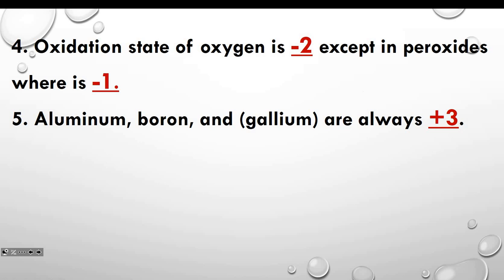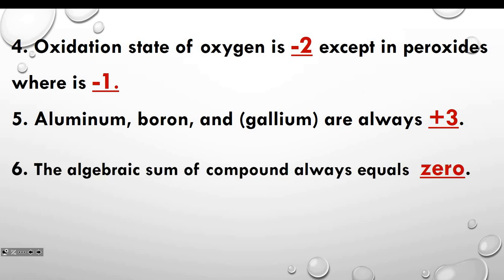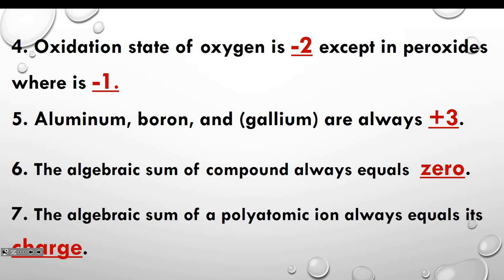Aluminum, boron, and gallium are always +3. That's part of our slide. Algebraically, the sum of a compound must always equal 0 unless it has a charge on it in the equation. Okay? And the algebraic sum of polyatomics must always equal their charge. So if I have PO4 and it's -3, then each of the ions need to add up to -3.